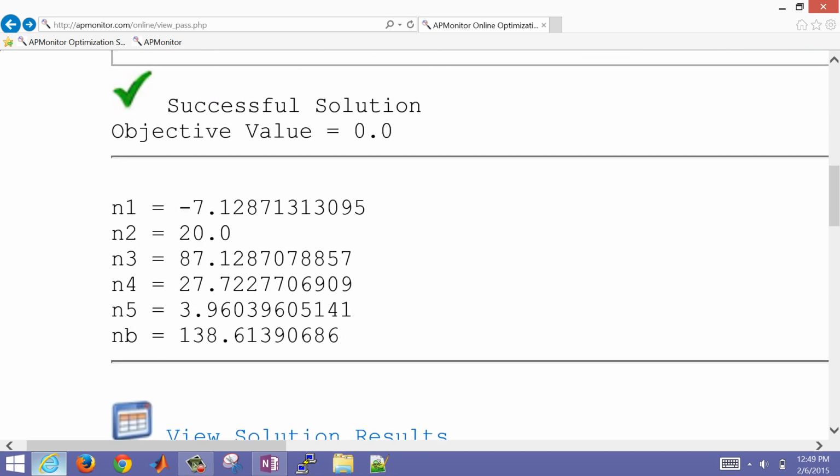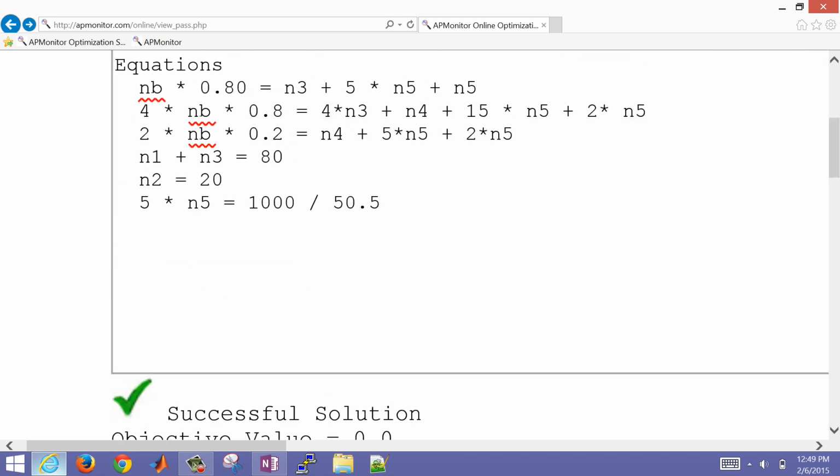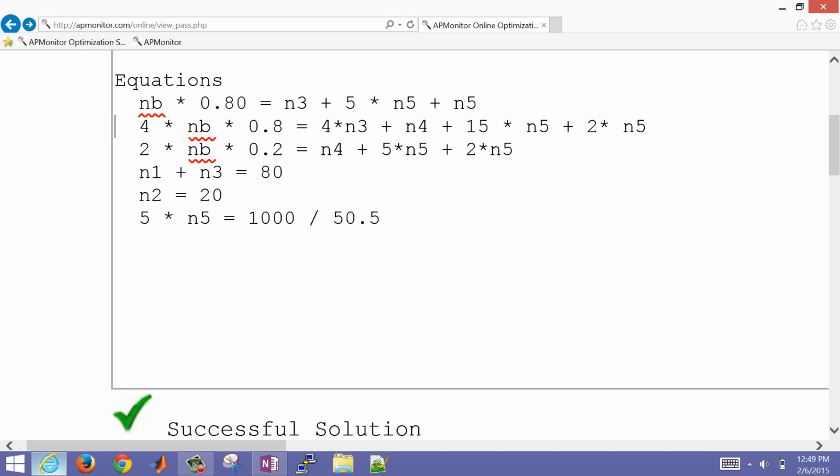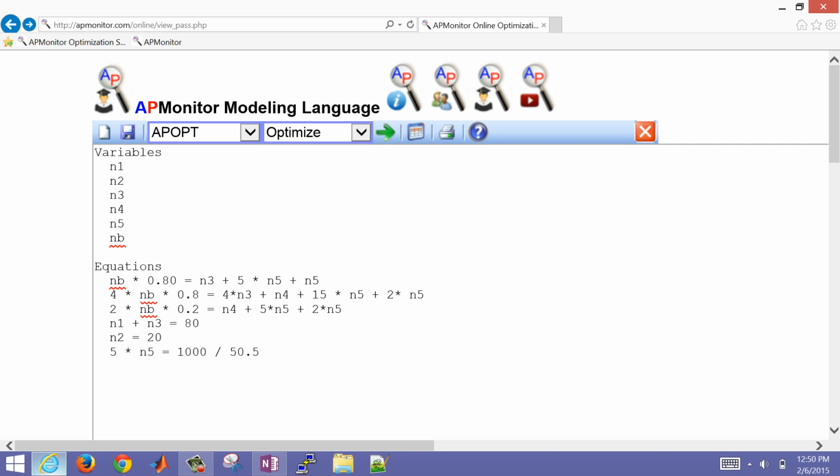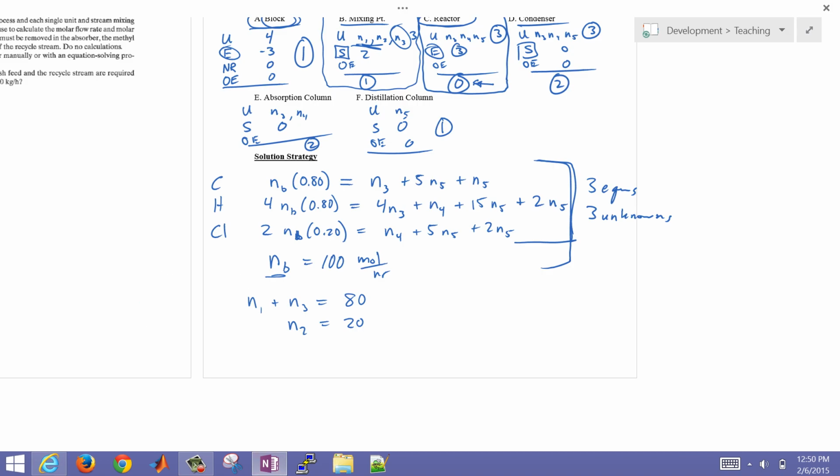Okay, successful solution. Oh, I think I made a mistake here. Let's see, 5 times N5. Let me see if I can go back to my problem. So coming out, 5 times N5 has got to be 1,000 kilograms per hour.